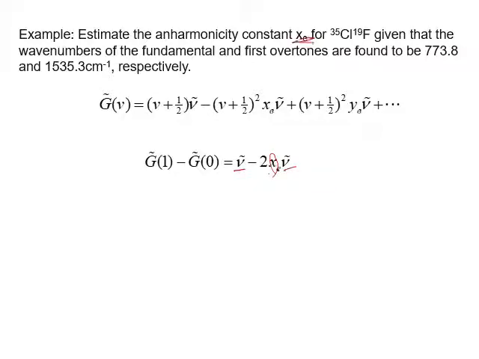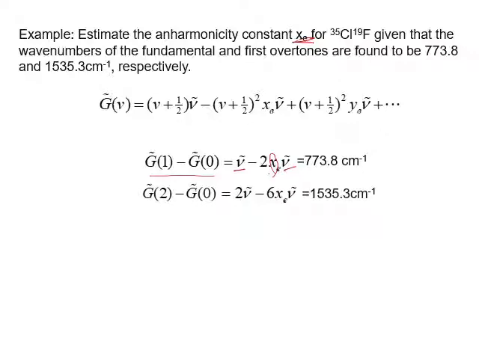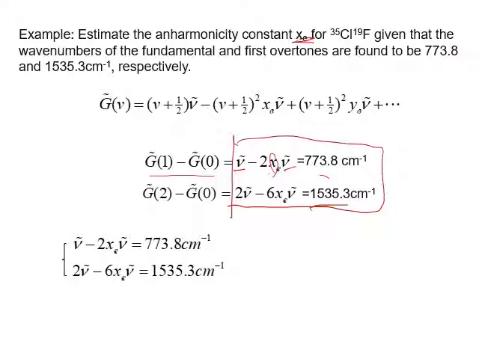That's what we are going to solve. The fundamental transition is 773.8. Similarly, the first overtone is 2 times nu minus 6 xe times nu, which is 1535.3. That is measured. So we combine these two equations, and we can solve for nu, which is the natural frequency, and the anharmonicity constant.